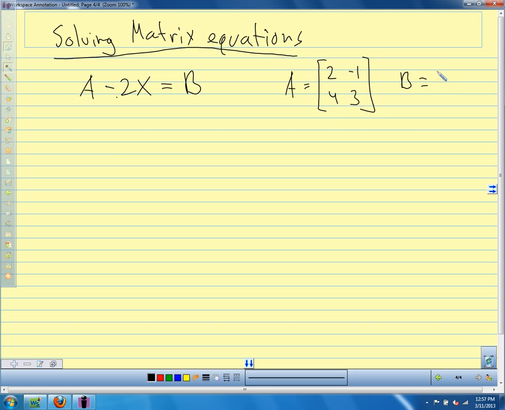And B equals minus 3, minus 6, 5, 1. So we have this matrix minus 2 times some other matrix. We don't know what this matrix is, has to equal B. Our answer here, x, is a matrix.